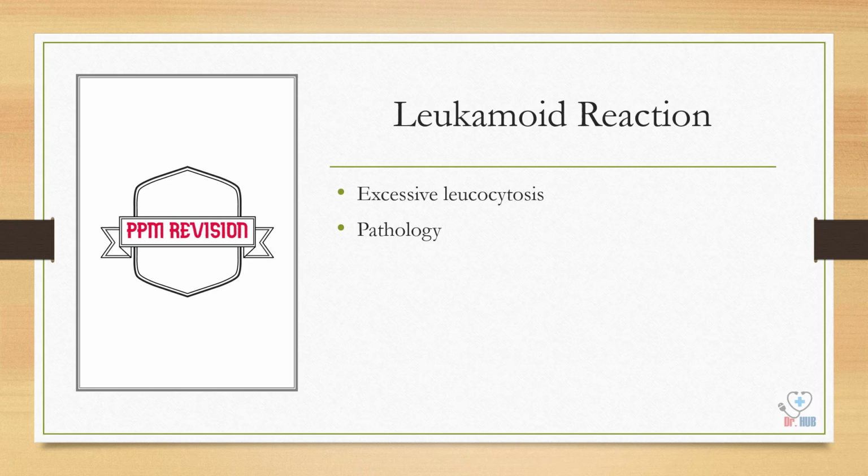Then moving on, additional features like anemia, myeloid hyperplasia of the bone marrow, and there is absence of infiltration by immature cells in organs and tissues.